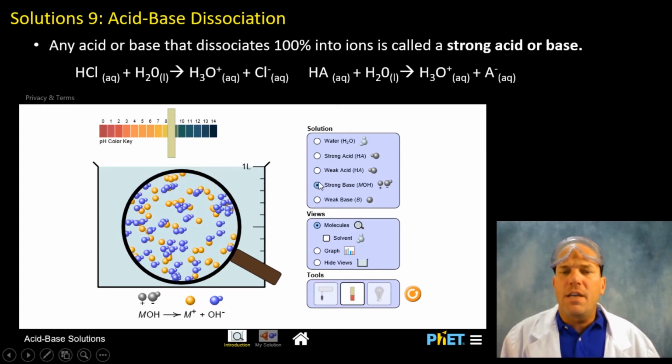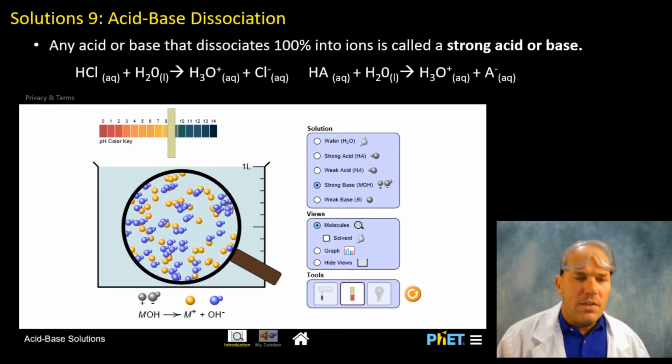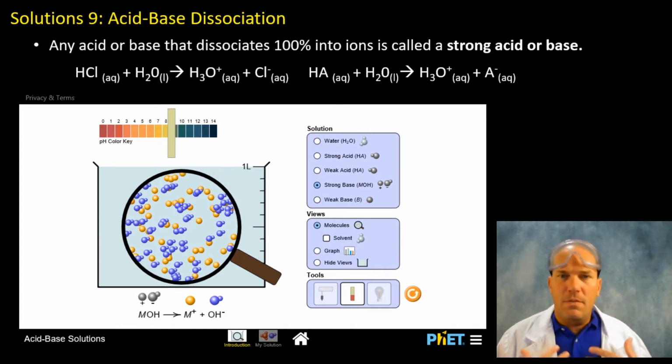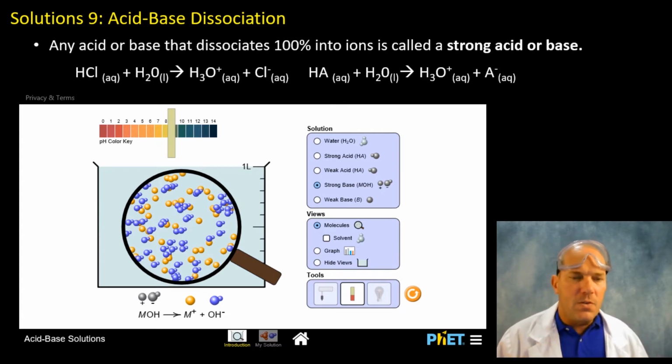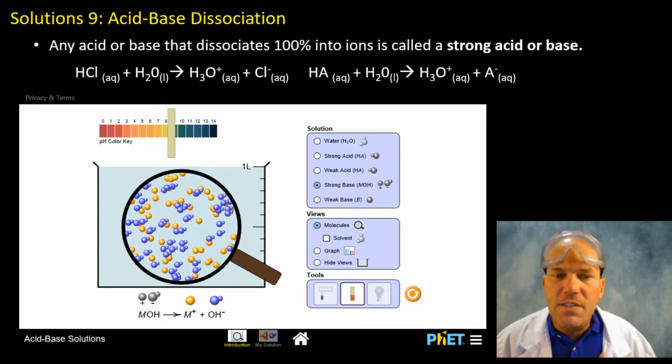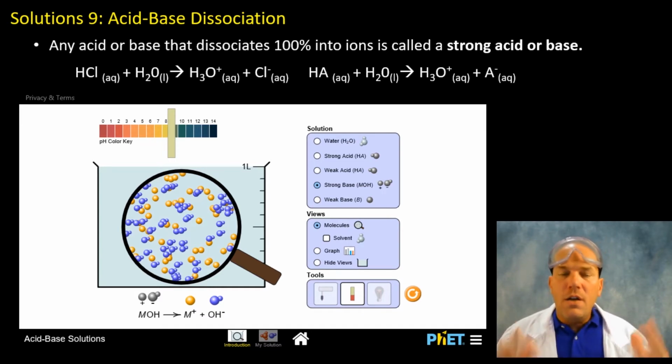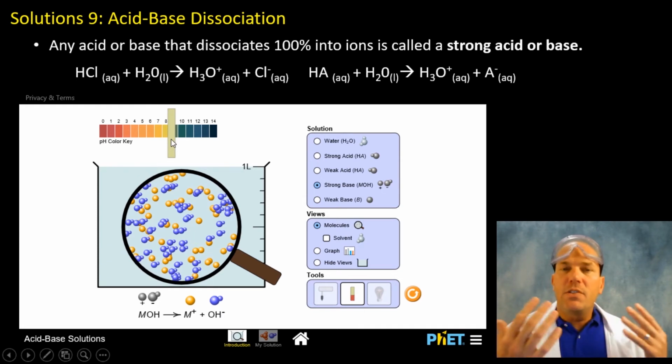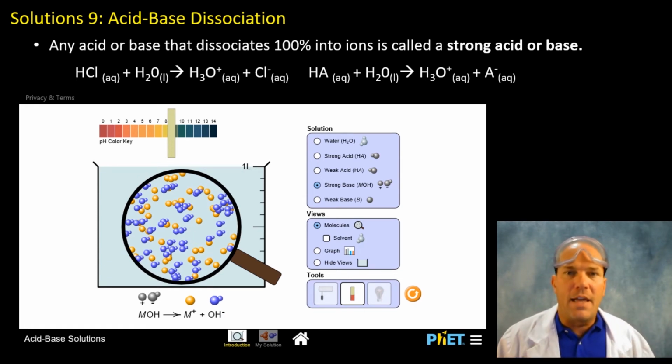Let's move on and look at a strong base. Start with the equation: complete dissociation. Now go to the beaker, and you'll see most species that are present are the hydroxide anions along with the cation from the chemical species here, say sodium cation or potassium cations.